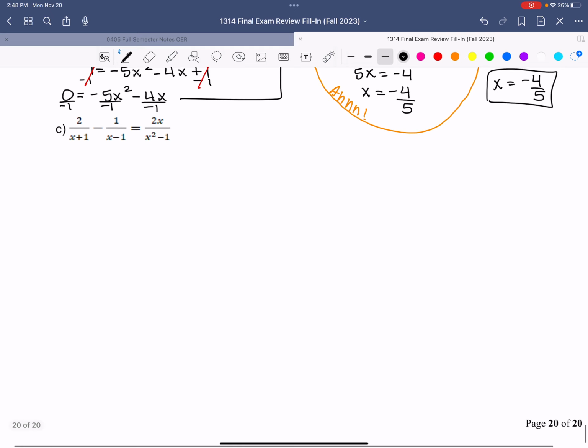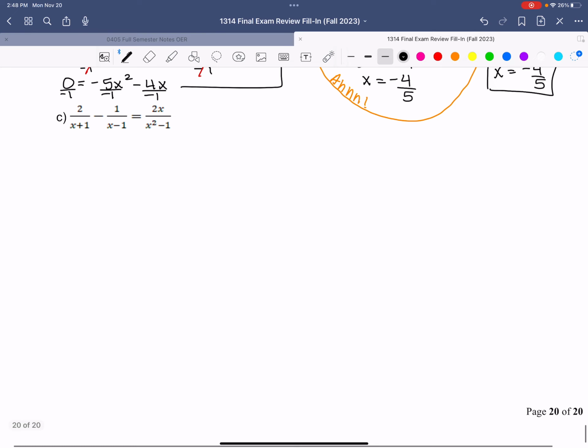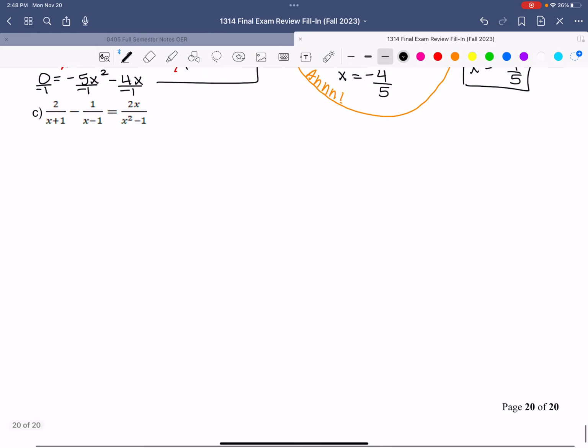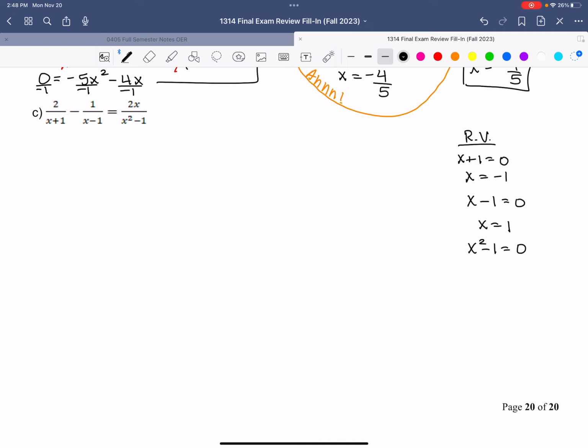Okay, last one. So let's look at our restricted values for this problem here. Set x plus 1 equal to 0, and I get x equals -1. Set x minus 1 equals 0, and I get x equals 1. And then if I set x squared minus 1 equal to 0, well, I would factor that difference of squares, right?